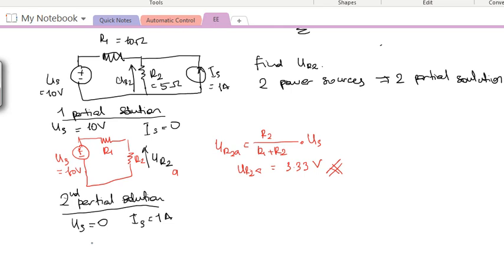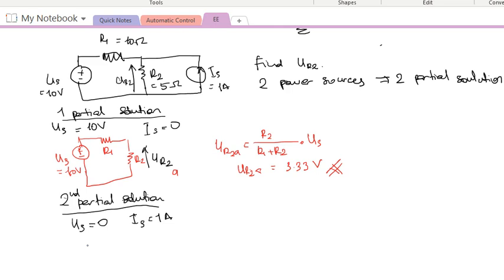So how does it look to have US equal to 0 and IS equal to 1 amp? US equals 0 means voltage equals 0. So what does it mean to have a voltage equal to 0? Voltage means potential difference between 2 points. When the potential difference between 2 points is 0, it means the energy difference between point A and point B equals 0.